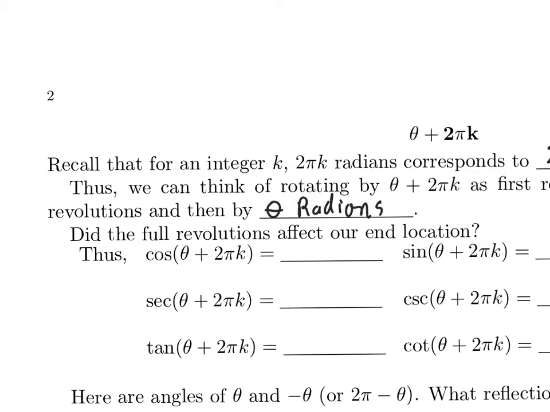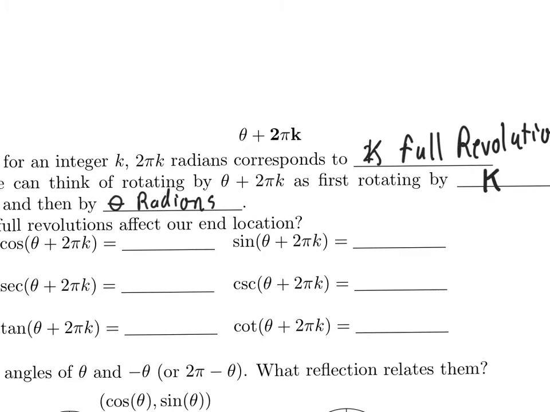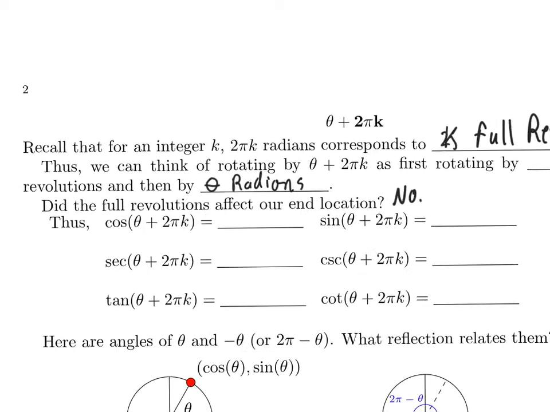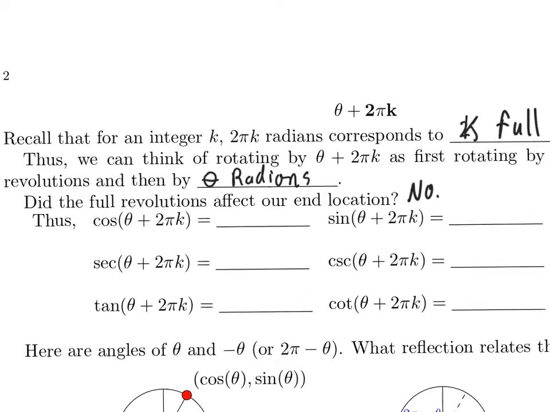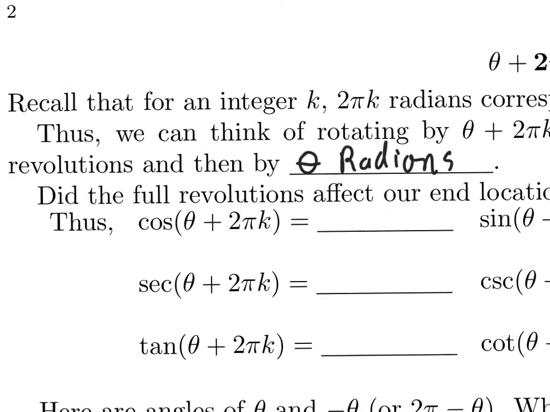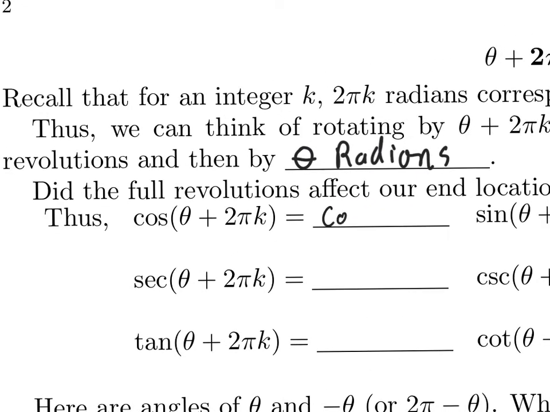Do those full revolutions affect the end location? Of course they don't. Just spinning around the circle a bunch of times, you wind up back where you started after each full revolution. So that means that the x and y position after you do a rotation by theta plus 2 pi k radians is the same as if you just rotated by theta. So that means cosine of theta plus 2 pi k is the same thing as cosine of theta.